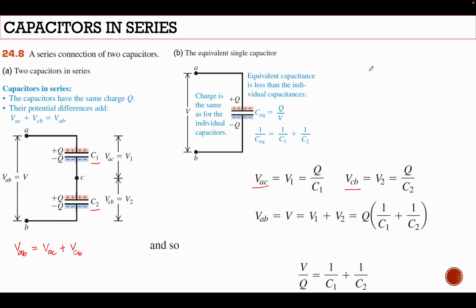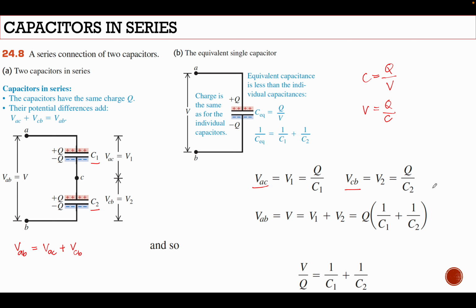From the equation of the capacitance, Q over V, to solve for the potential we have V equal to Q over C. That's why for VAC our equation is Q divided by C1, and VCB is equal to Q over C2.